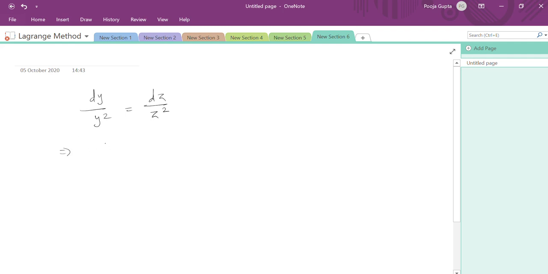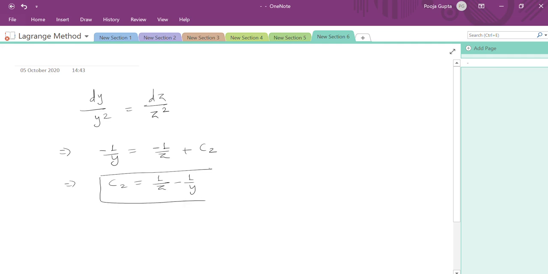After integration we will get minus 1 by y is equal to minus 1 by z plus c2, which gives c2 is equal to 1 by z minus 1 by y. This is our second solution, say v.